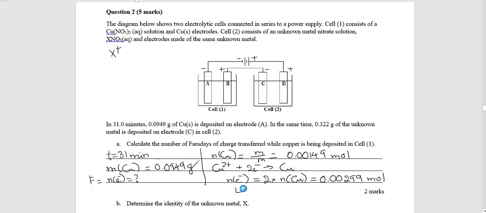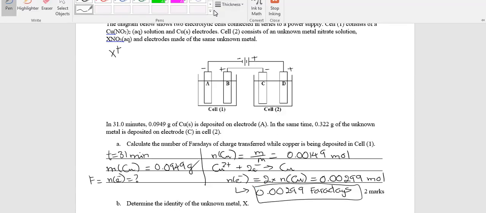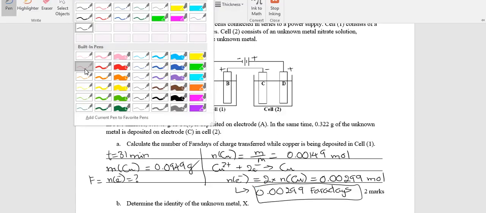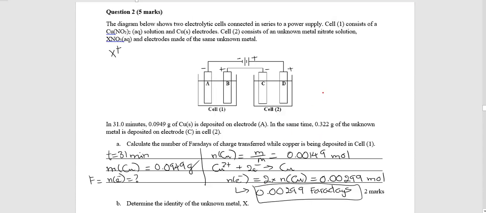So that means that you need 0.00299 Faradays. So that's the answer to the first question. The first mark is a method mark, which is awarded for the correct number of moles of copper, and the final answer. That's your 2 marks.